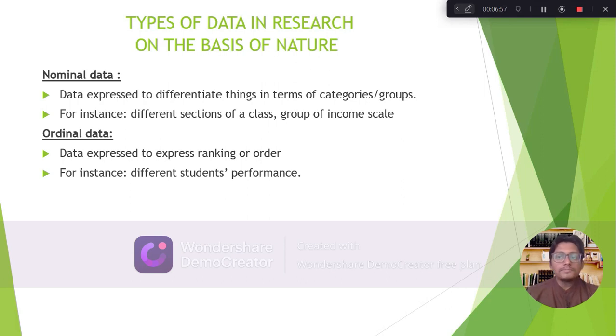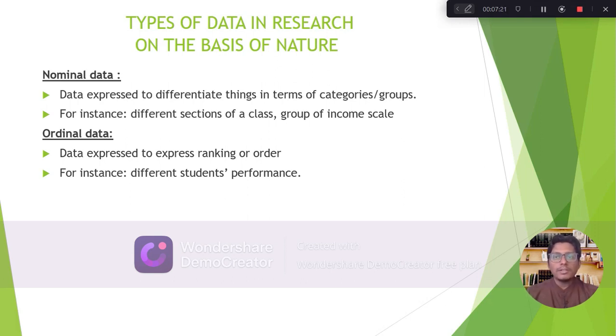If we talk about the qualitative data, we have two subtypes, nominal data and ordinal data. Nominal data means data expressed in terms of groups or categories. If I classify students in terms of their class sections, class A, class B, class C, class D, this is categorization, and such kind of data is known as nominal data.